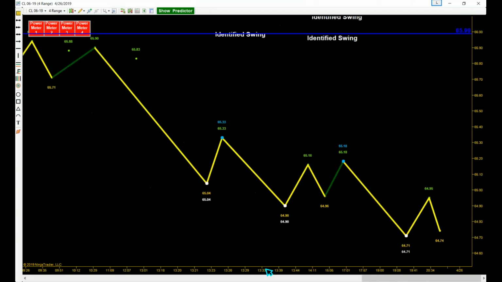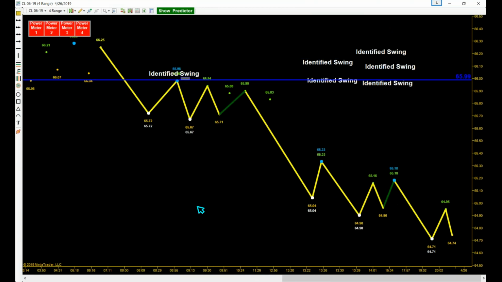Now we know right now, for instance, let's go back here first though. This is an identified swing, right? Because it took out a high, low, lower high, and you definitely got a lower low than this. So that's an identified swing. Is this an identified swing yet? So you had a higher low and then a lower high, and then you broke, right?